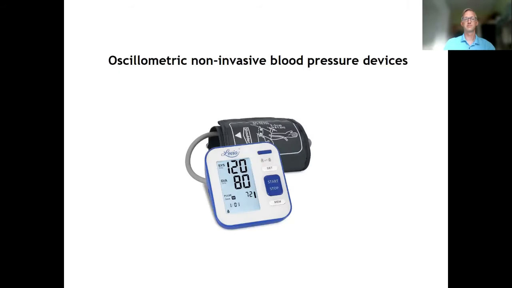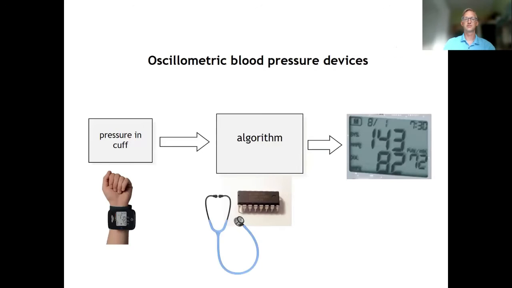And the basic problem of any oscillometric blood pressure device, such as the one here on the screen, is that it contains an algorithm. This is basically a box which has a pressure sensor in it, and this pressure sensor measures the pressure in the cuff.